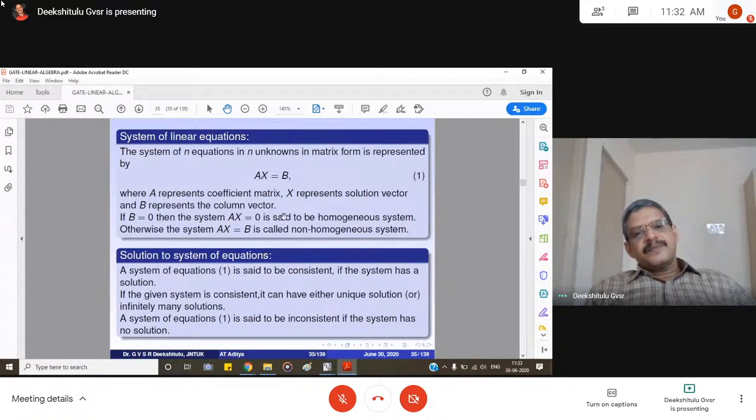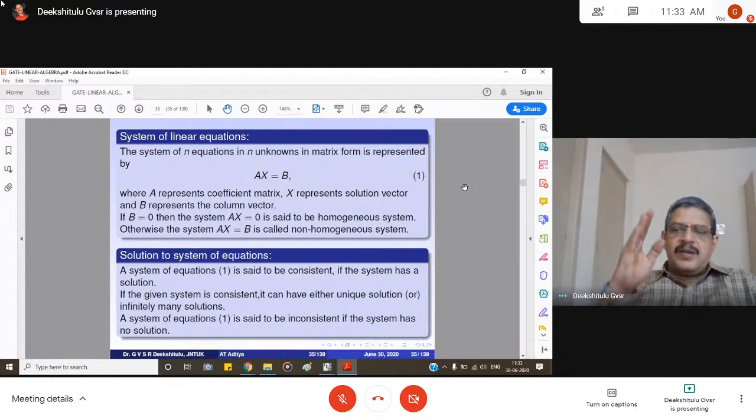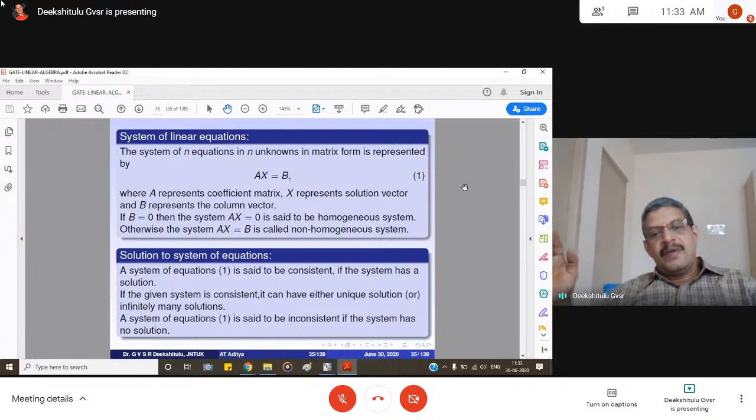Then comes the system of linear equations. A system of m equations in n unknowns in matrix form is represented by Ax equals B. We are dealing with linear equations. A linear equation in n variables means a11 x1 plus a12 x2 and so on up to a1n xn equals b1.